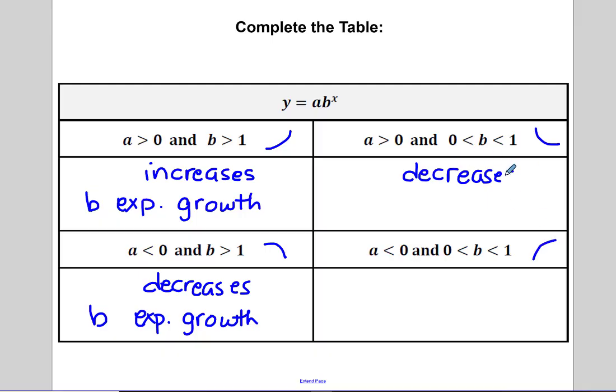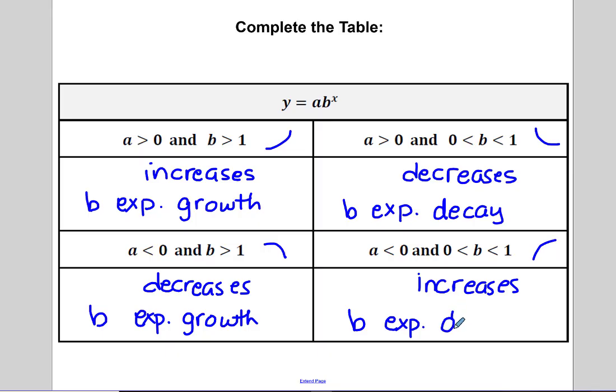So we're decreasing, and B is going to be an exponential decay factor. And then here A is negative, so we're going to flip that graph over the x-axis, or over the asymptote. And then the graph would be increasing, and our B value would be exponential decay.